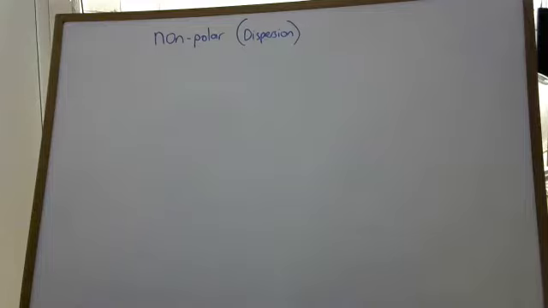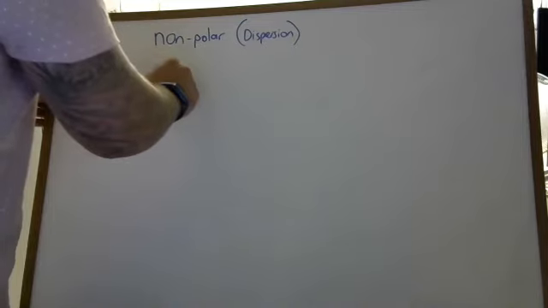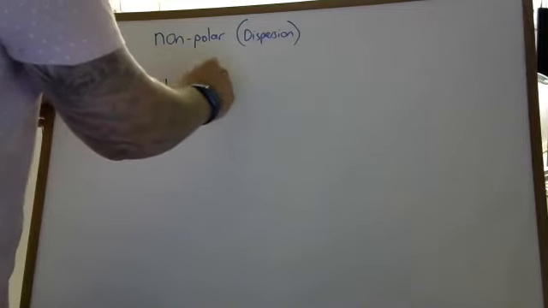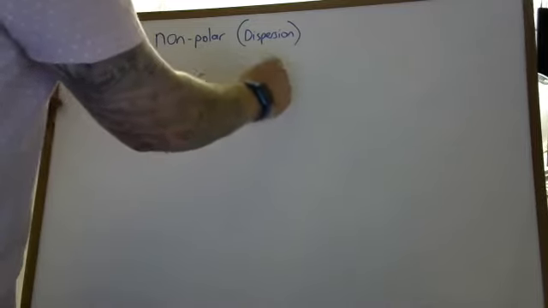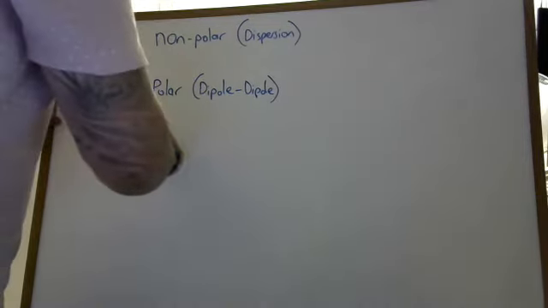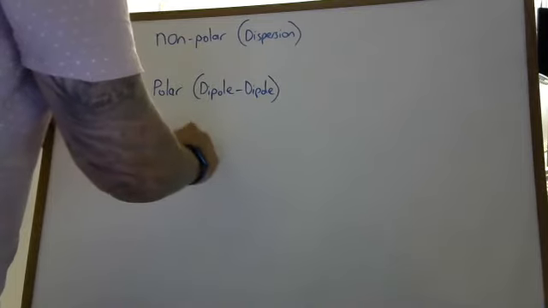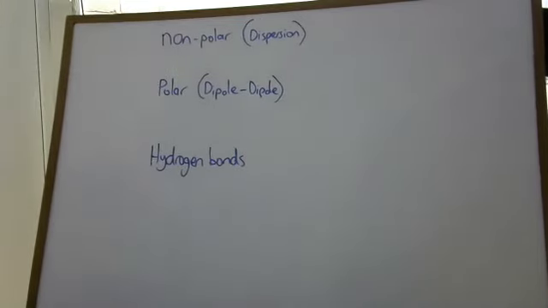We then have polar bonds, which are the second strongest. We then have hydrogen bonds, which are still technically polar bonds. But they are the strongest.